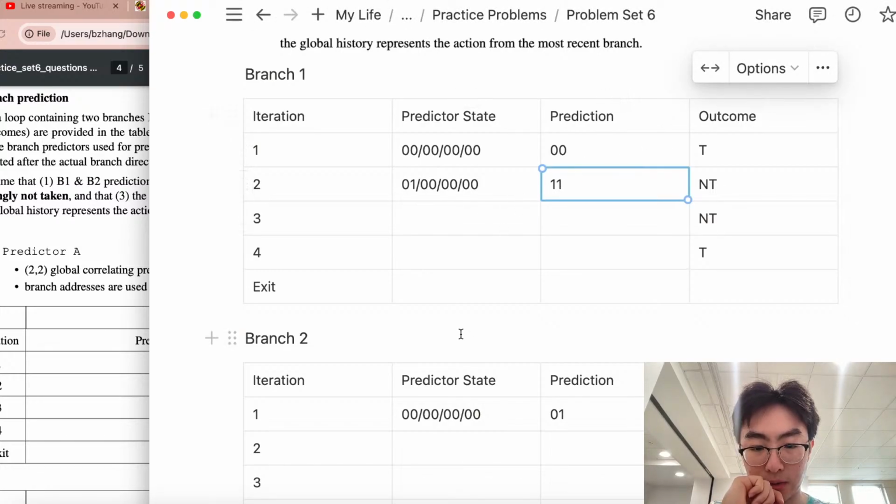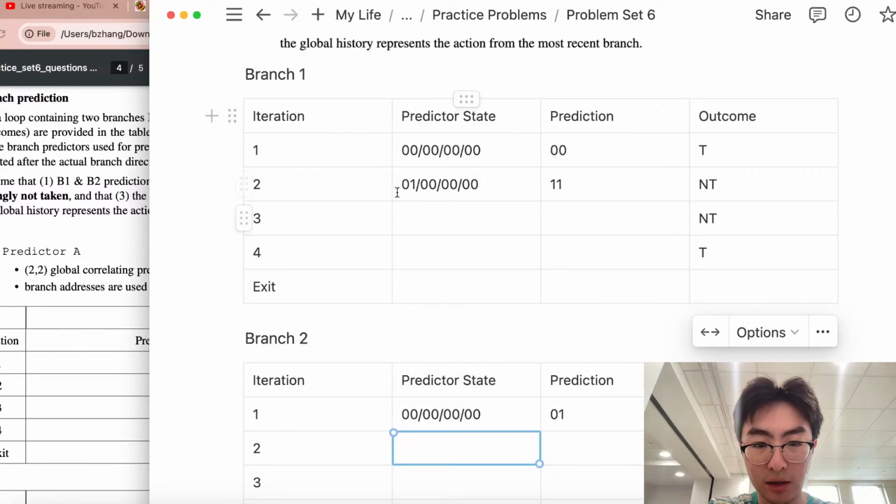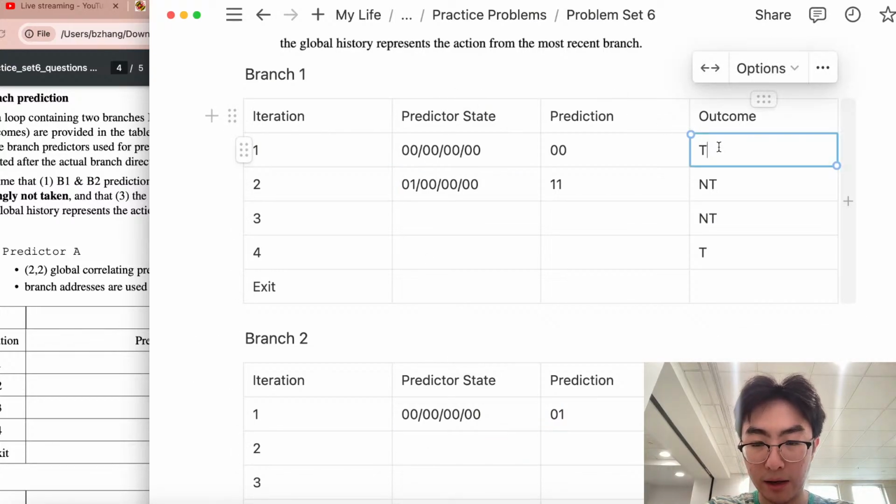And we also, in this case, let's take a look here. So this means that in the next iteration, we have this predictor state indexed by 0, and we have to flip the bit to 1 because of the taken.